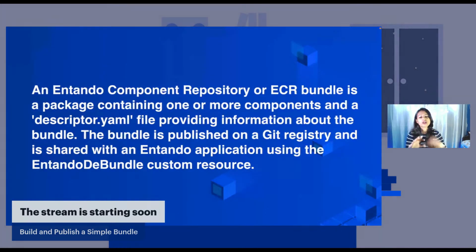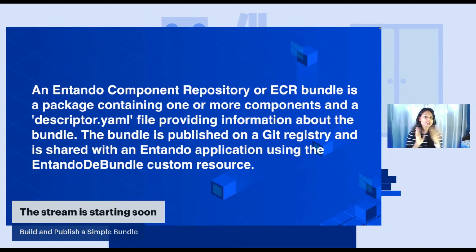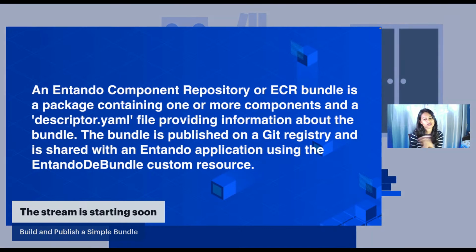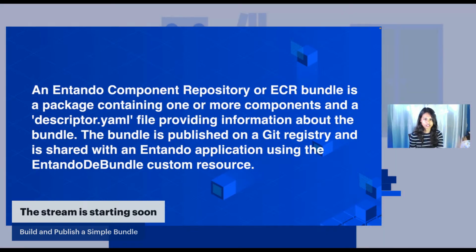So the descriptor.yaml file is a very important thing that we need while we are building our bundle. Without it, no bundle. So this is very, very important. And we will see that as we go ahead, while I create a bundle today. And then the bundle is published on a Git registry and is shared with an Entando application using the Entando bundle custom resource. So this is the very basic definition of what a bundle is.